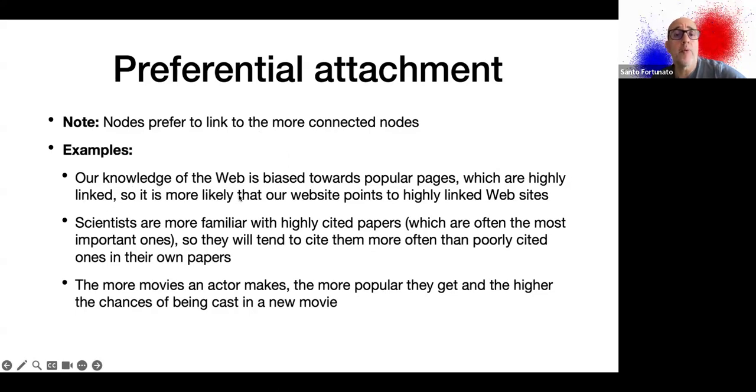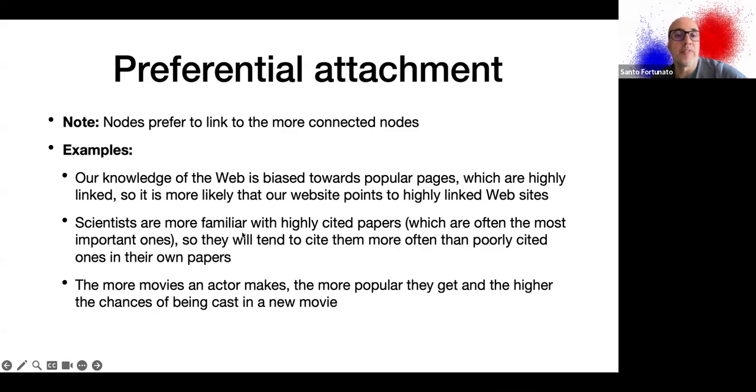For instance, our knowledge of the web is biased towards popular pages. We are much more likely to know about popular websites of, say, newspapers or popular figures in sports, politics, history, or science than fairly unknown websites.